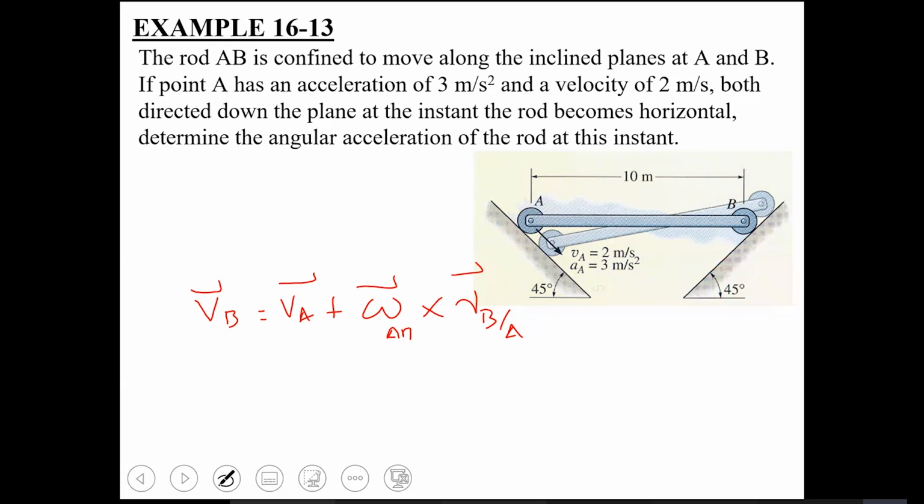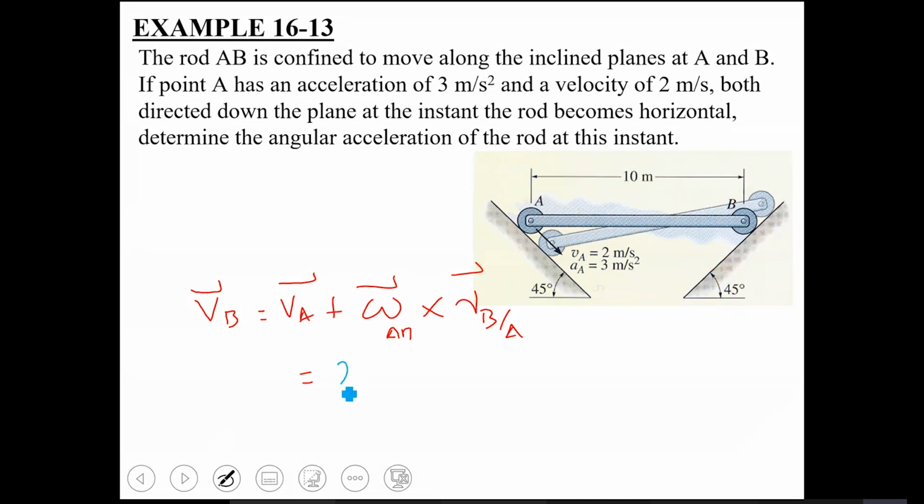What about VA? Can you identify this VA vector? Yes sir, given, 2 meters per second. But we need to write it in vector form. Sir, we will put the 45 degrees with it. So it is the fourth quadrant, positive x, negative y.